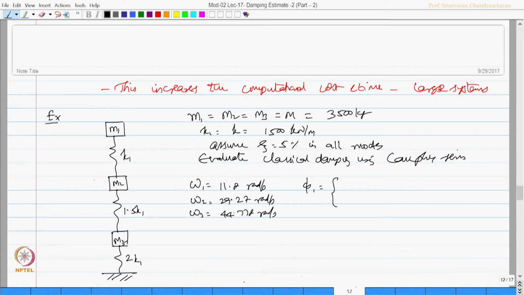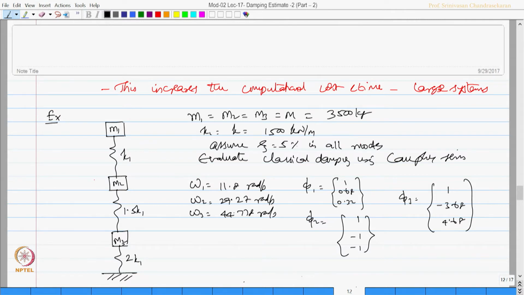Phi 1 is 1, 1.68 and 0.32, phi 2 is 1, minus 1 and minus 1 and phi 3 is 1, minus 3.68 and plus 4.68.